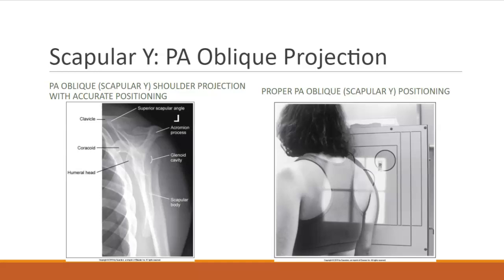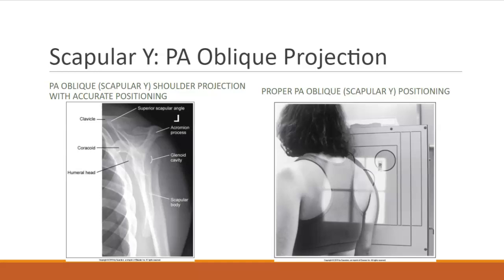It'll either be projected anterior to the scapular body or posterior. When there's a proximal humerus fracture, the glenoid cavity will superimpose the humeral head. However, the scapular body doesn't superimpose the humeral shaft. The shaft will be dislocated.